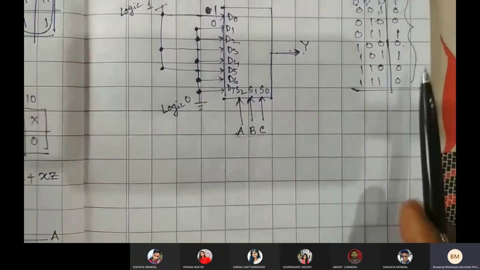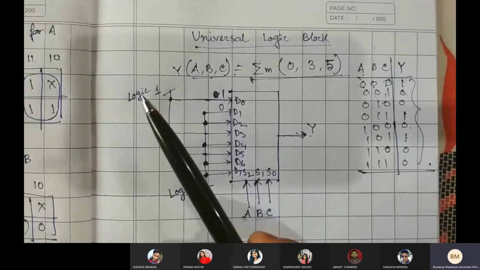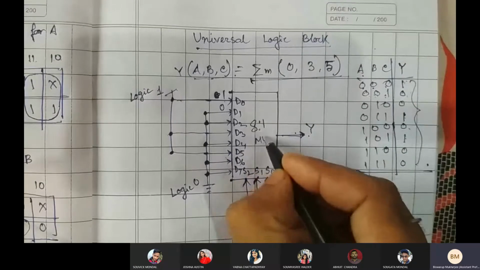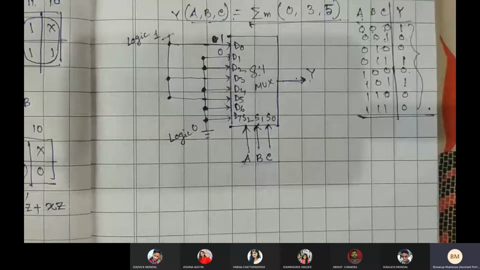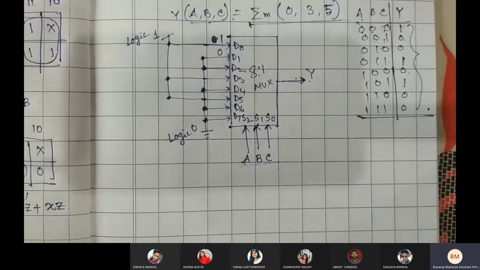So for a 3 input function or 3 variable function, you need to use an 8:1 mux. Similarly, for a 4 input function, you need to use a 16:1 multiplexer and so on. So it's very simple.